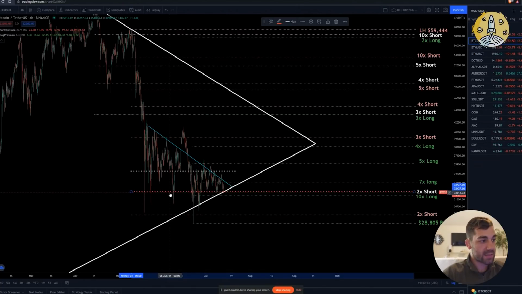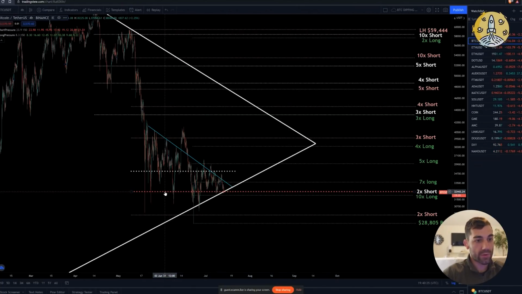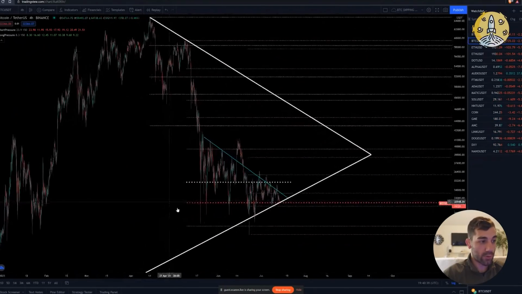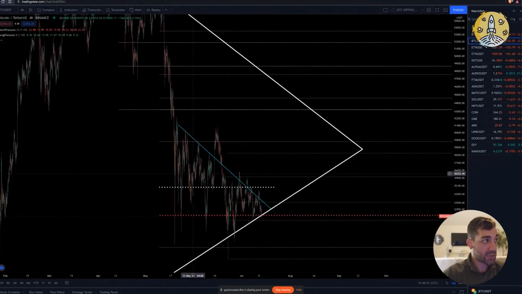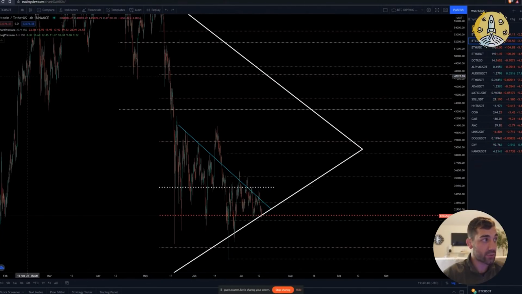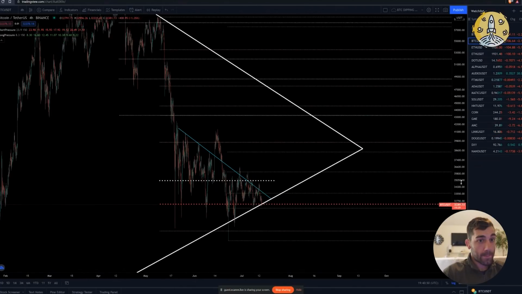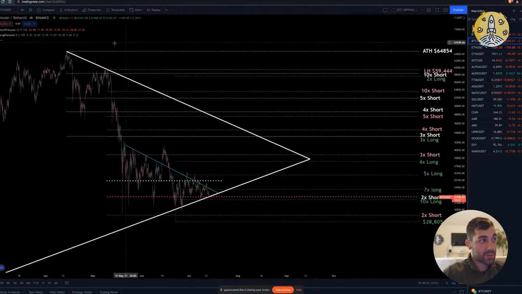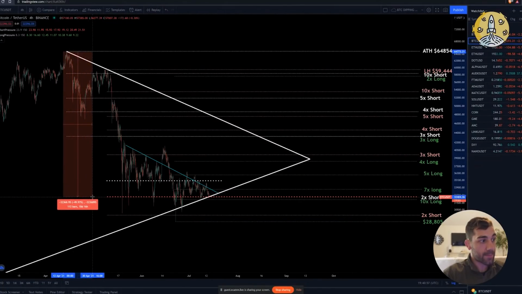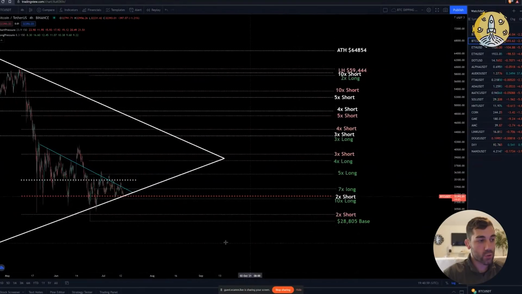This is the level that I've talked about in a lot of previous videos, and it's an incredibly important support level for Bitcoin. What makes it such an important support level? Well, for one, we can see that this is where Bitcoin has largely been holding support since the big drop. This is the 50% retracement line from Bitcoin's all-time high, or the 2x short level.